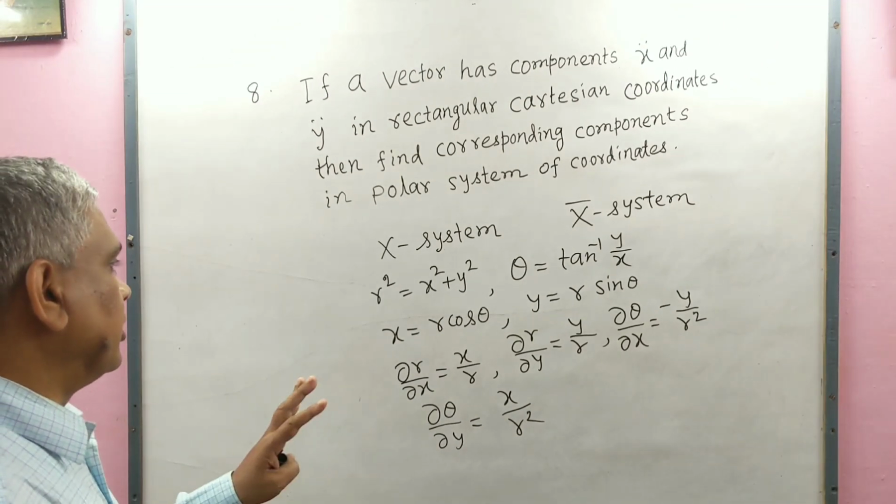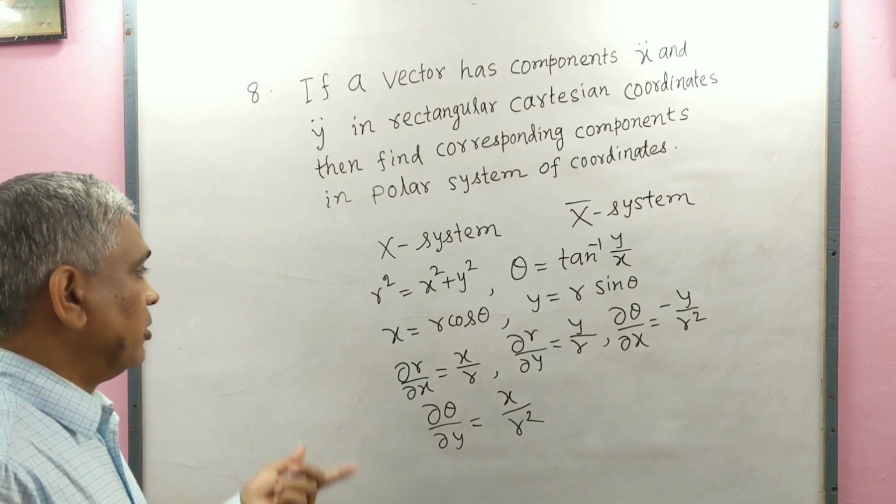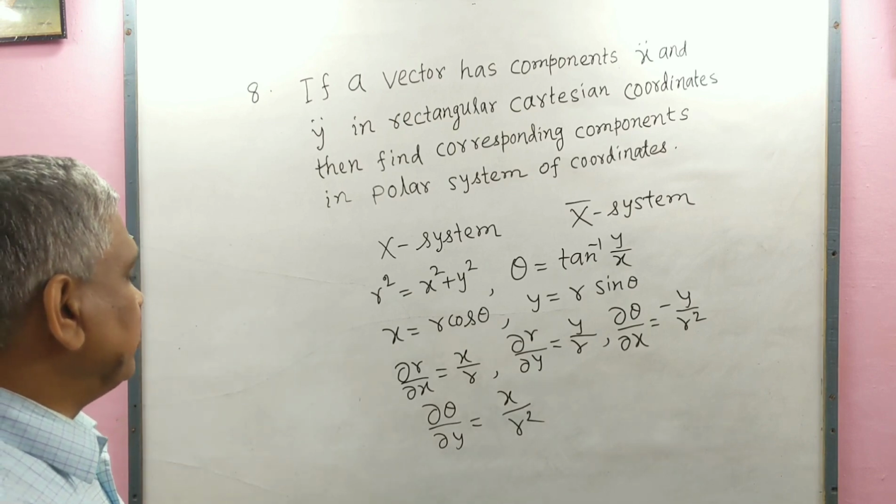These are the relations between the Cartesian and polar systems of coordinates.